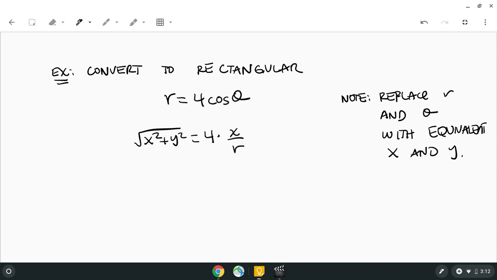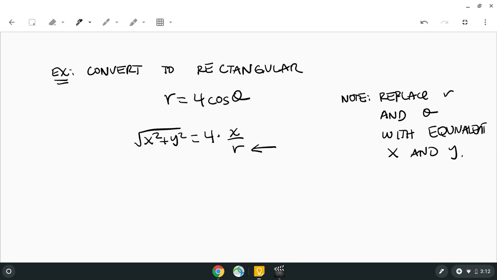Okay, so we're almost good here because we have a lot of our x's and y's now, but we do have that single r left. Right here, that little r we need to replace. And again, we do know r is equal to the square root of x squared plus y squared.